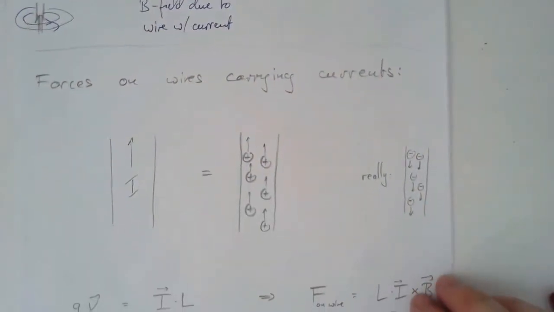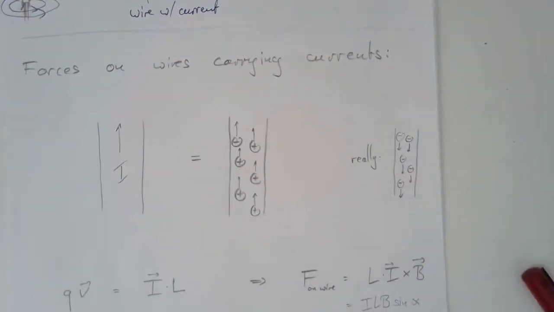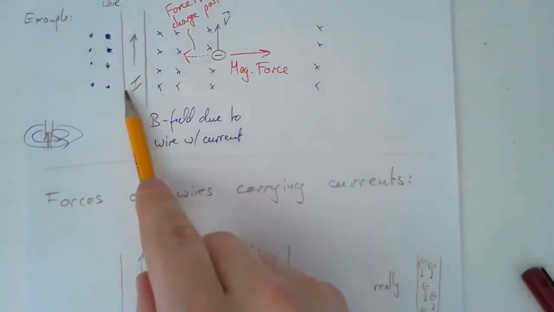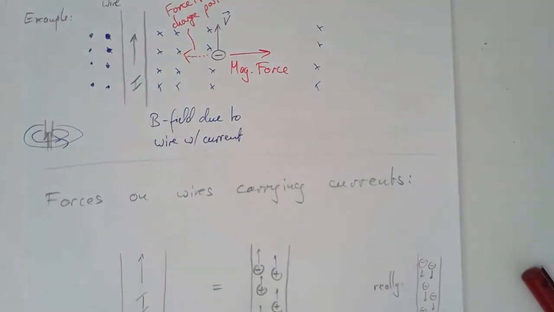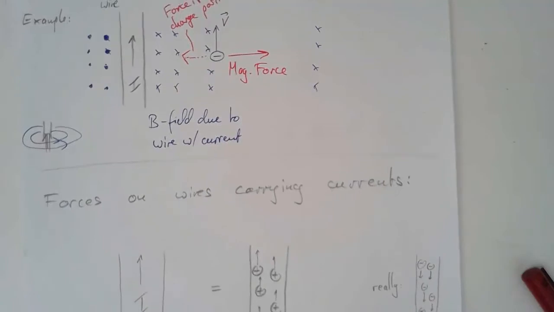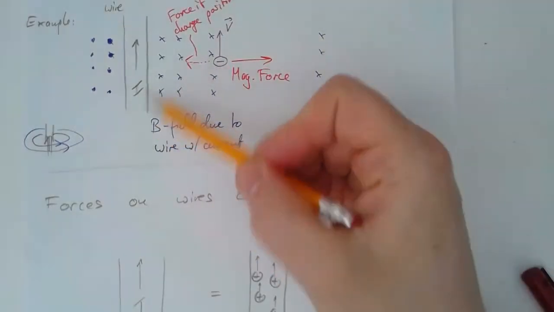So this is actually what I just told you: if there's a current up, that's really just lots of positive charges moving up, even though realistically we know it's lots of negative charges moving down. Now, if you treat your wire as positive charges moving up and you use the Biot-Savart law, remember that was the law that described how an individually moving charge creates a magnetic field, not a continuous current.